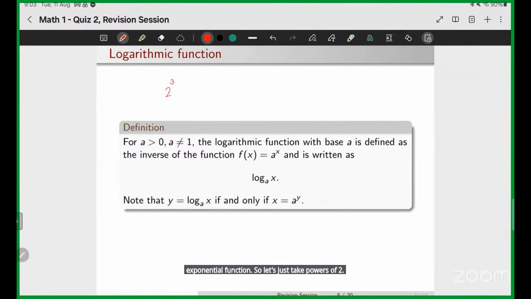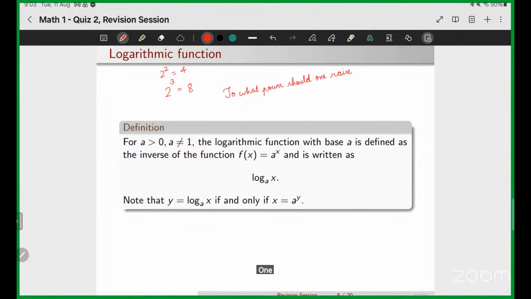You know that 2 to the power 3 is 8. 2 squared is 4. Now, if you want to know to what power one should raise the number 2 to get, let's say, 6, what is the answer to this question?